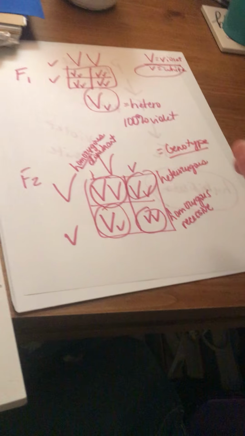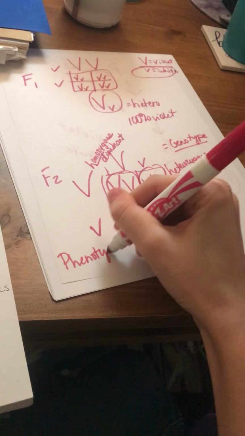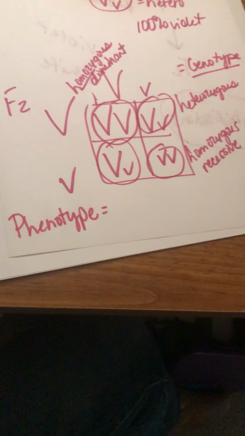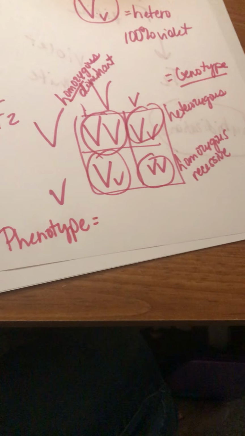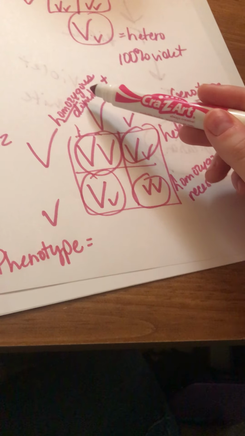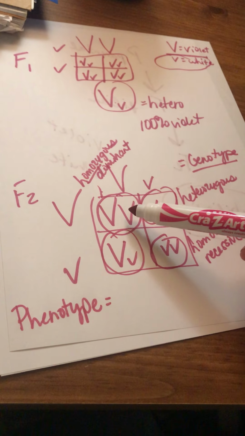We can use that information about the genotype to determine the phenotype. The phenotype is the actual trait, what we see. So that would be the color, violet or white. The phenotype would be how many are white and how many are violet. If it's homozygous dominant, the dominant is violet, so this will be violet.